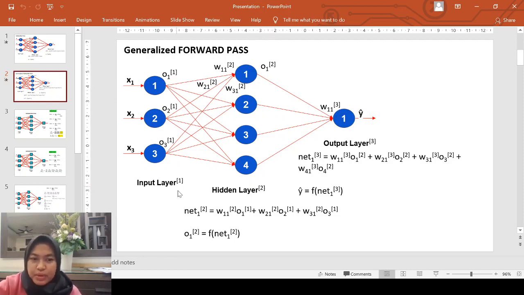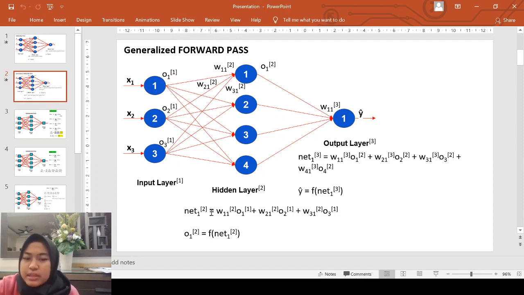The input is the first layer, the hidden layer is the second layer, and the output layer is the third layer. So to change the equation, this net 1 layer 2 is node 1 of layer 2. This is how we get the notation.